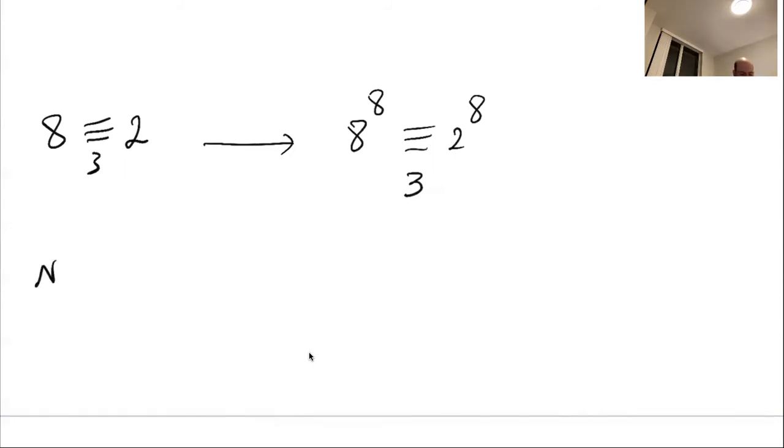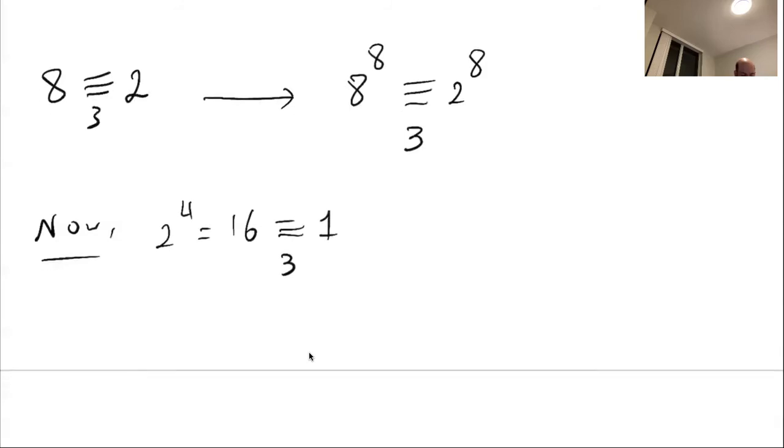So now 2 to the power 4 equals 16, congruent to 1 mod 3, right? The remainder of 16 when divided by 3, of course, is 1.